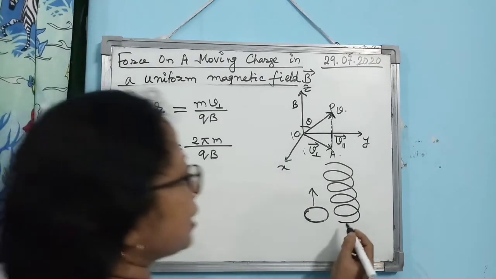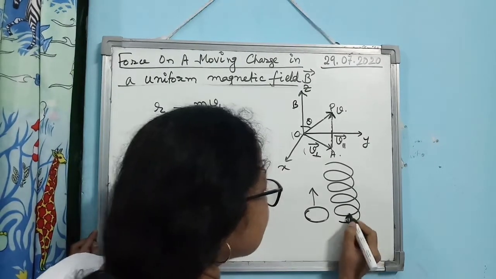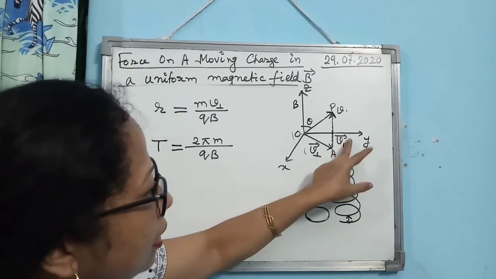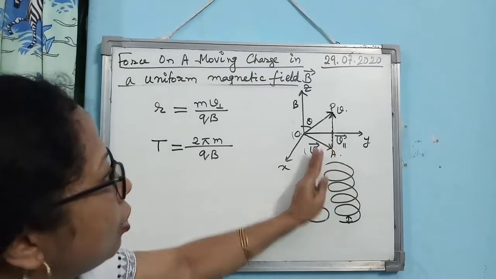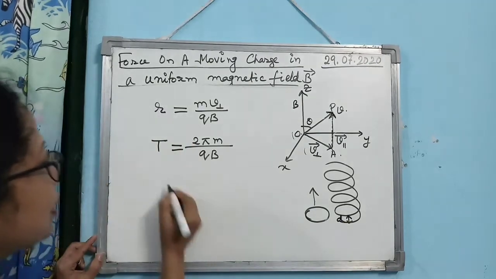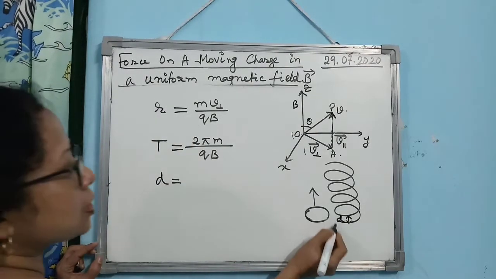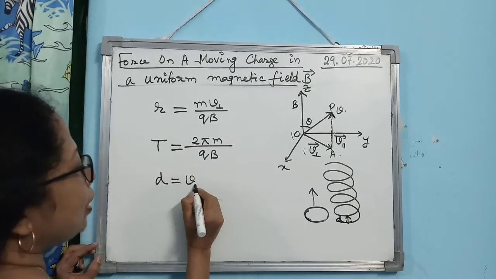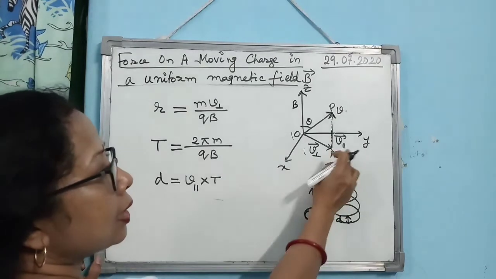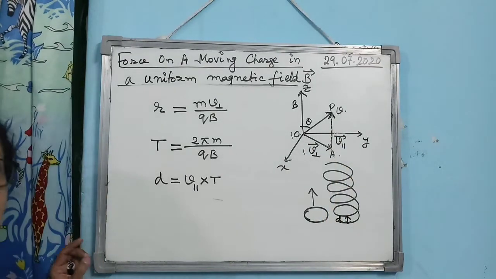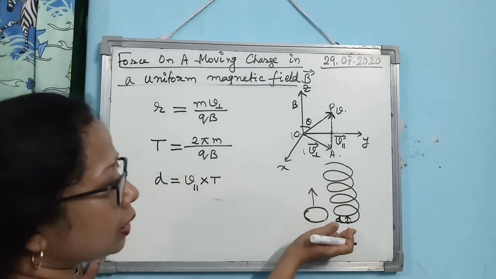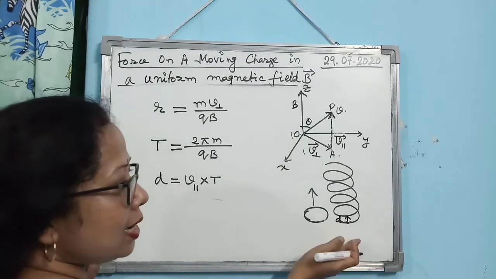Now consider the distance travelled along the direction of B due to the parallel component of V. If the displacement is d, you can write displacement as velocity multiplied by time. Which velocity do you have to take? The parallel component, because only due to the parallel component is it moving along the direction of B in a straight path.